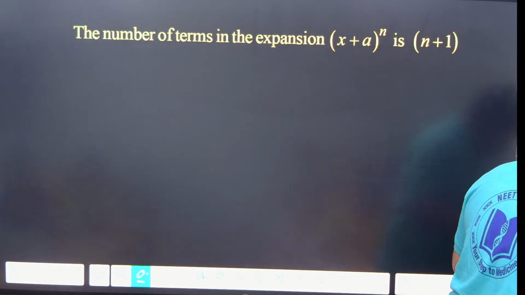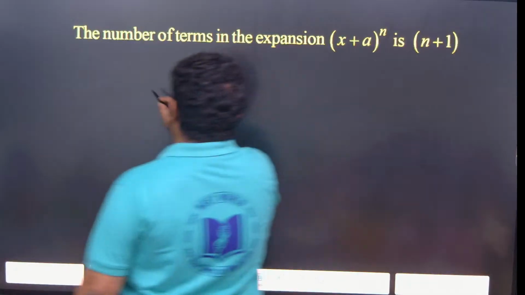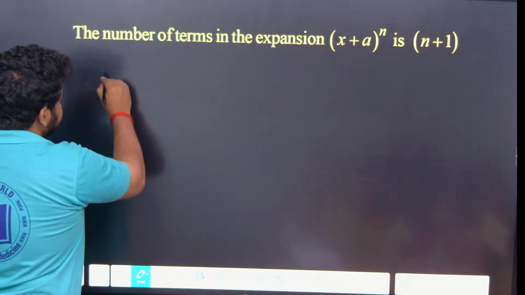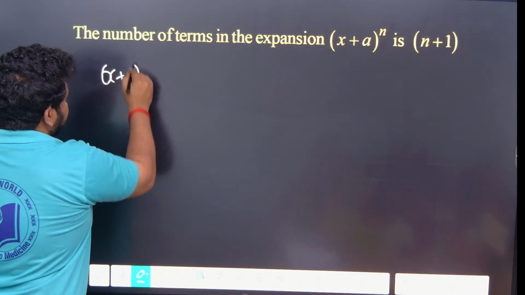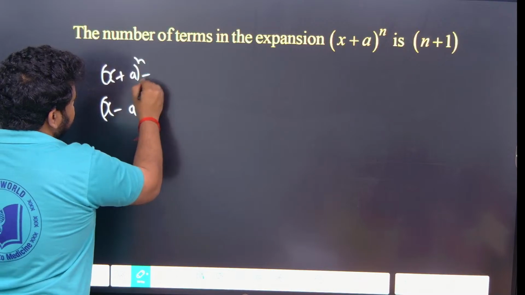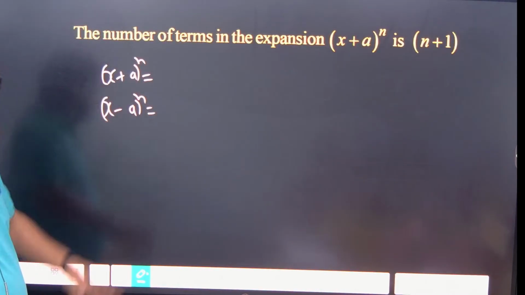Now, if we take (x + a) to the power of n, and next (x - a) to the power of n, first write the expansion. What can we write here?